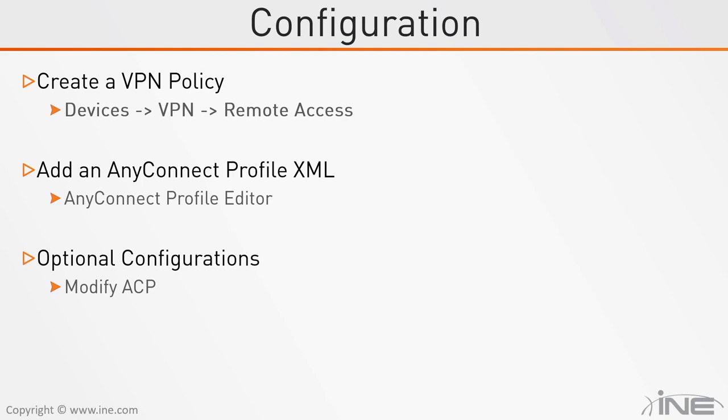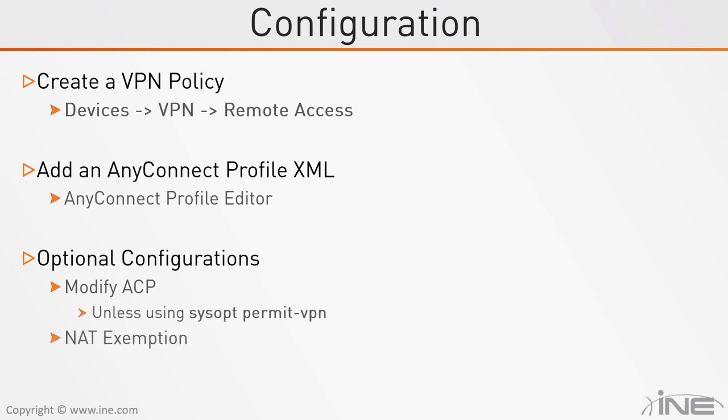This is so we can allow the remote access traffic, the client traffic from the tunnel to go via the FTD without having to modify the ACP. So modification of the ACP is optional. You will have to add a role in the ACP if you don't use the permit VPN option, which is basically a bypass for VPN traffic.